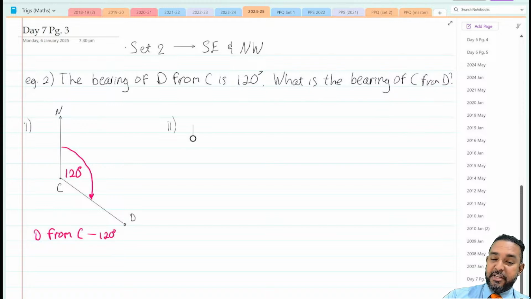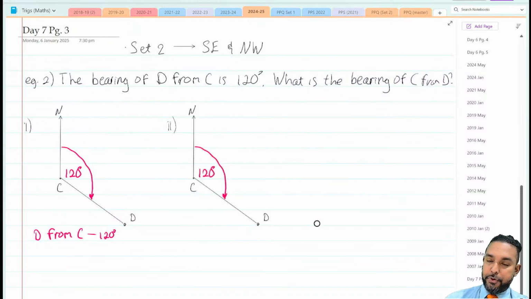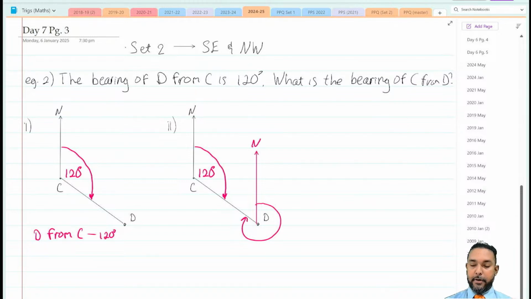Just like we did in the previous question, we are going to draw a north line at D, because what we want is the bearing of C from D. So we need the clockwise angle.